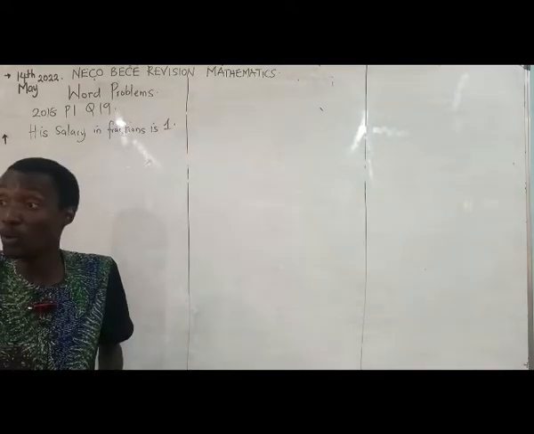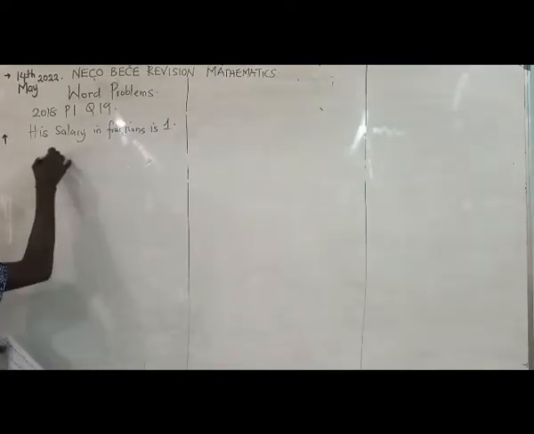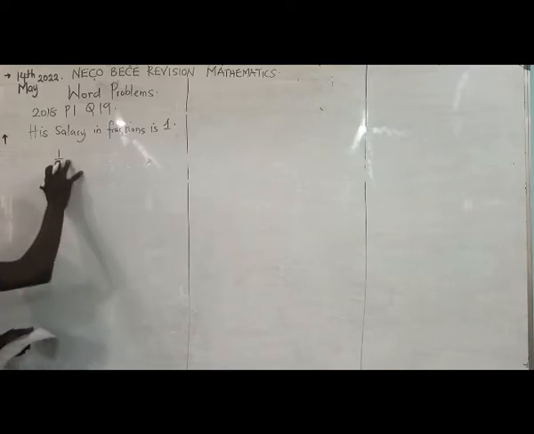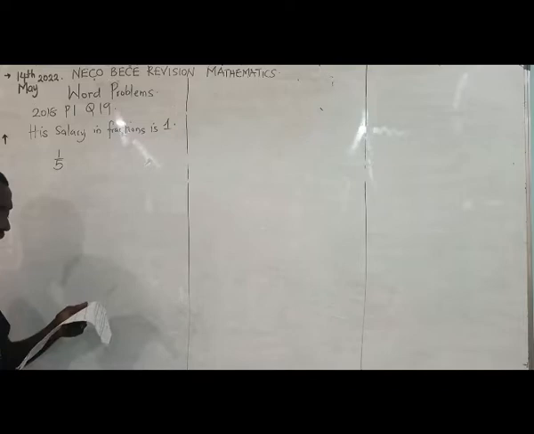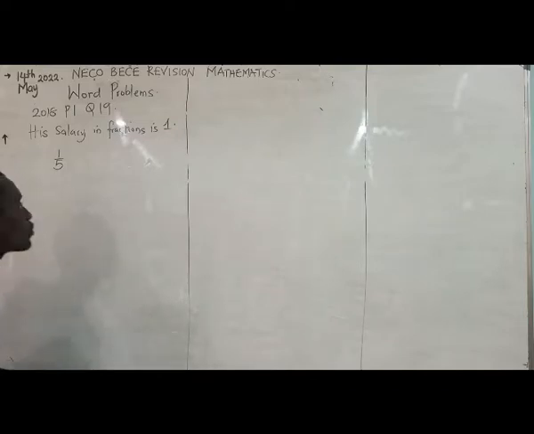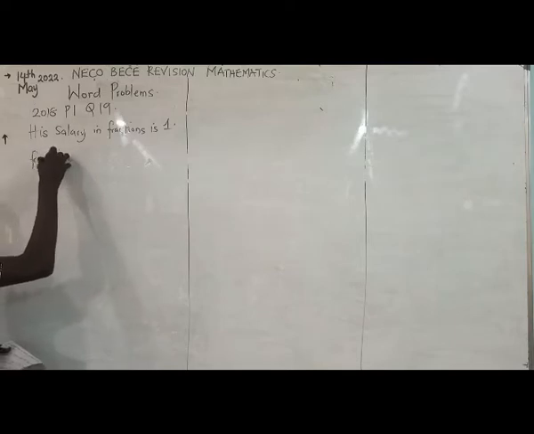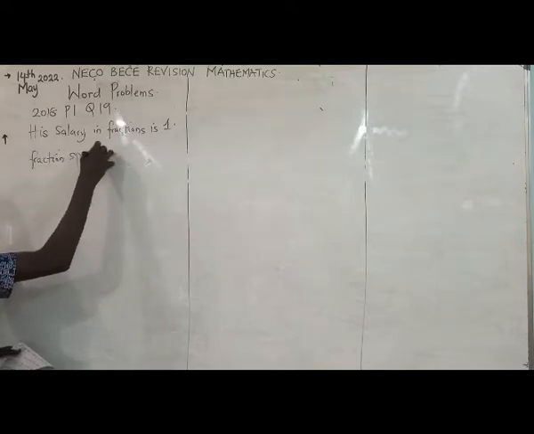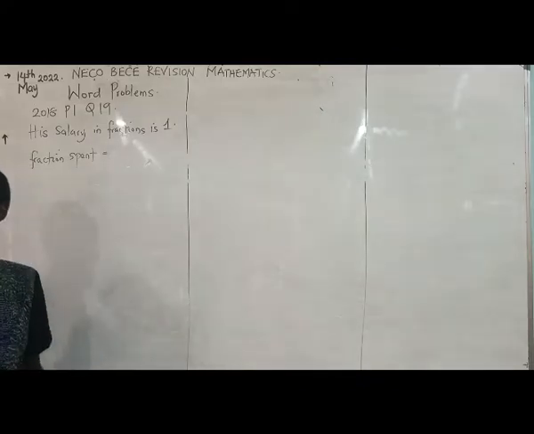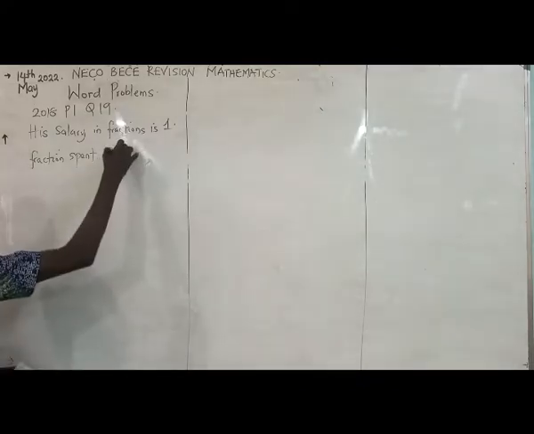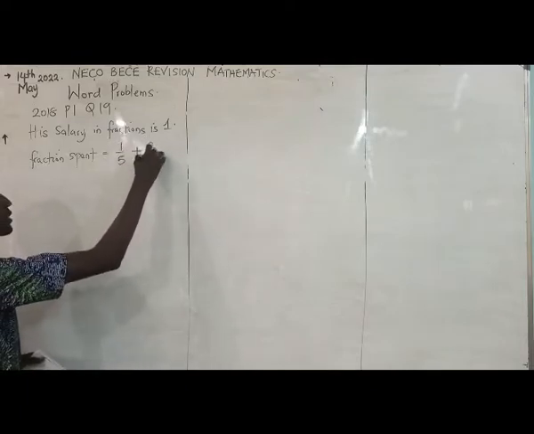His full salary will be 1. He spends 1/5 on shoes, and 2/3 on school fees. So the fraction spent, whether on shoes or on school fees, is 1/5 plus 2/3.